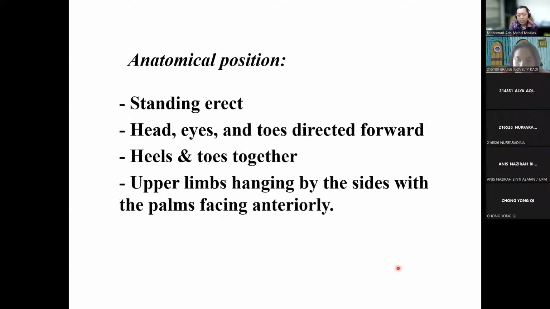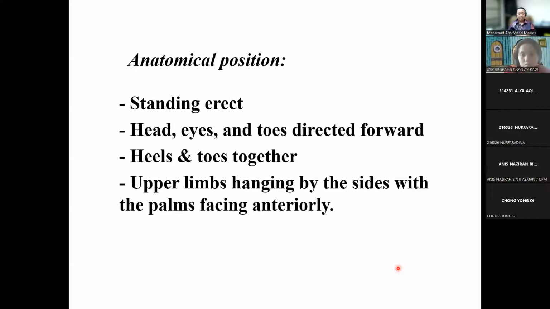So basically, when you refer to or explain any structures in the body, you must refer to the anatomical position. So what is the definition of anatomical position? First, you're standing erect. Head, eyes and toes directed forward. Okay. Heels and toes together.